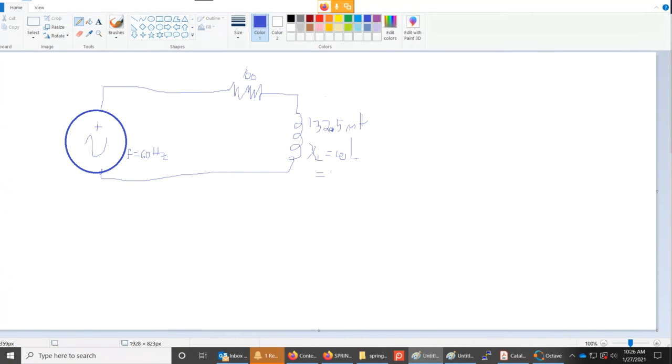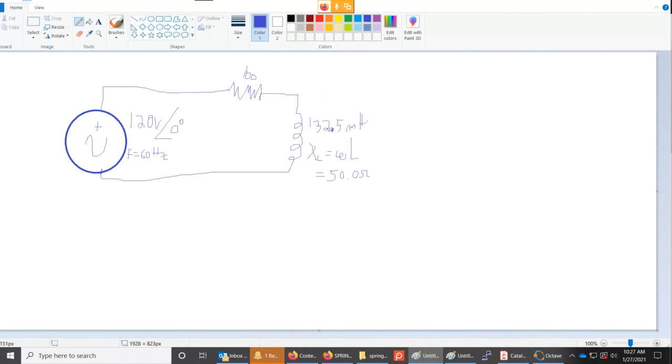So X of L is, I'm just going to take it to 3 digits here and make it 50 ohms. And I need a voltage here. So let's just say that we have 120 volts, and an angle of 0 degrees.